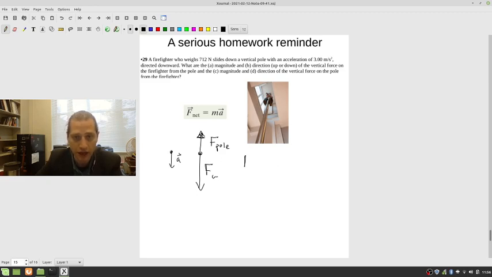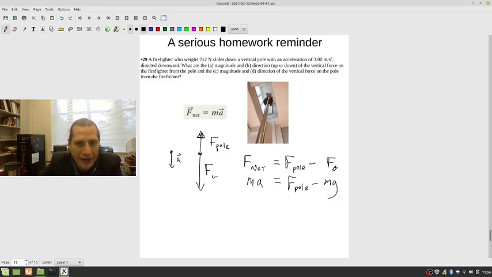So in this case, we would say F net equals F pole minus Fg. And so we'd go m times a equals F pole, we don't know what that is, minus m times g. It says that he has a weight of 712 newtons. Remember, when we're near the Earth, our weight is simply the force of gravity on us. So we can find out by using F equals m times 9.8 newtons per kilogram.